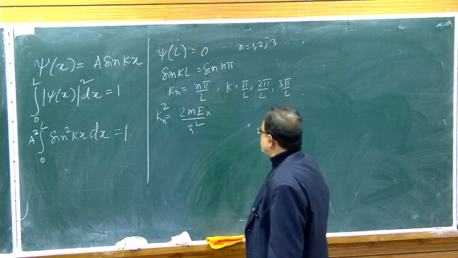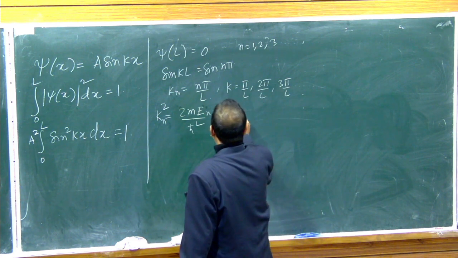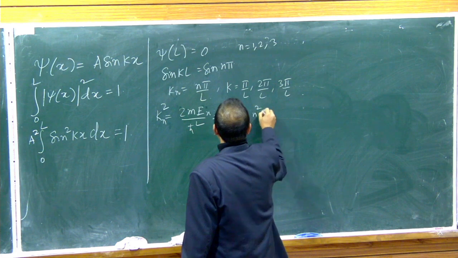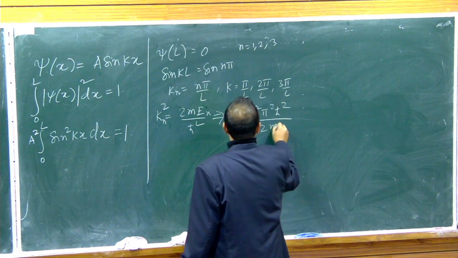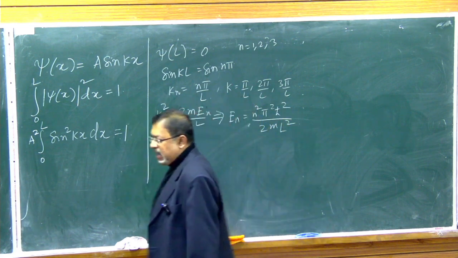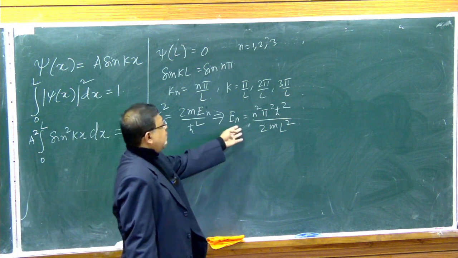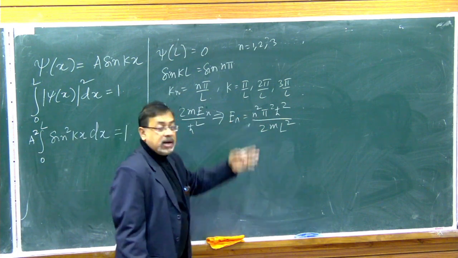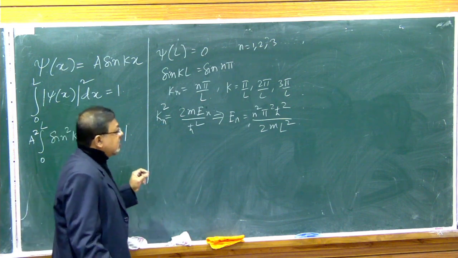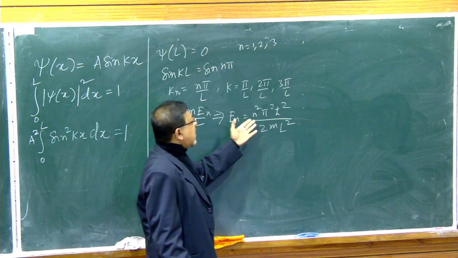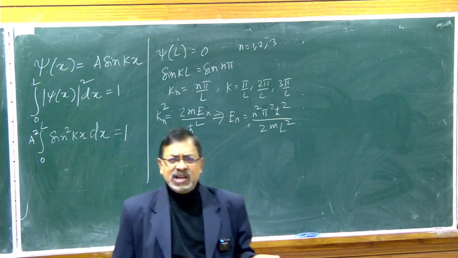So this tells you that En is equal to n squared pi squared h cross squared by 2m L squared. Very nicely, these are energies of the particle inside the well. You see, n starts from 1 here, because if n is 0, then the particle is not there.